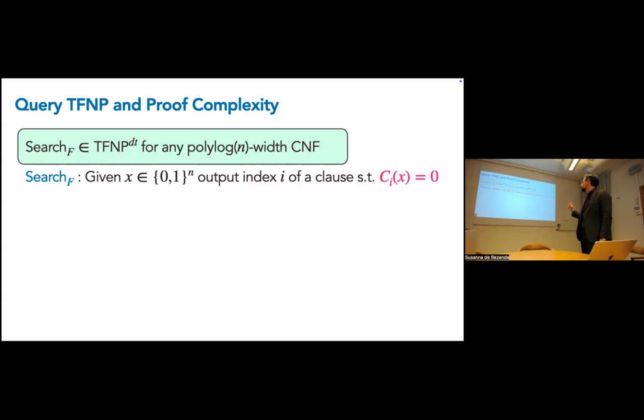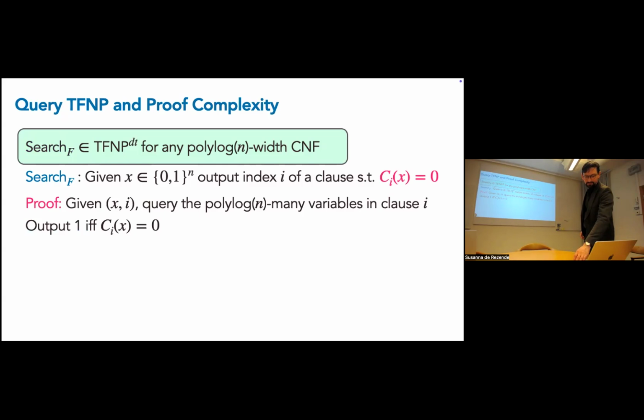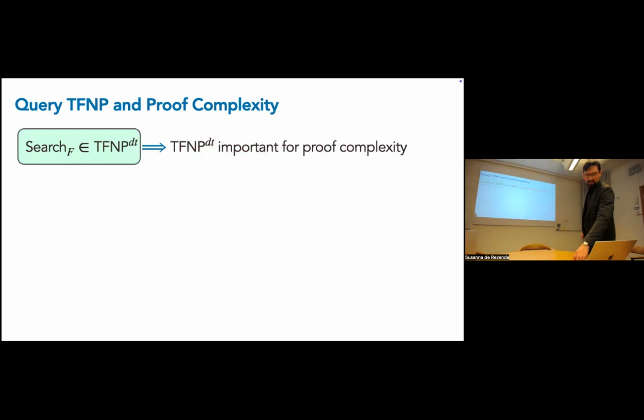You can see this because to check whether a clause is falsified under an assignment, you have to check basically the width of that clause. So if the width is polylog, you can do that with polylog n many queries, and so it's in TFNP. And this is just what I said. You check the variables in the clause, see if it's false.